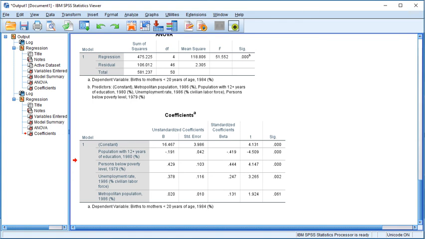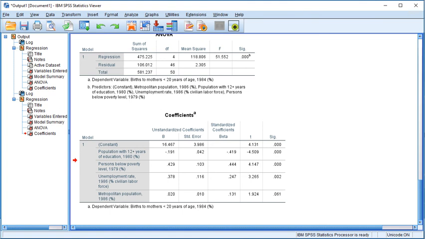If you were to generate a standardized regression model, which is nothing more than taking the dependent variable and all the independent variables and transforming them into z-scores, then what we would do is report the standardized regression coefficients, often called beta coefficients.